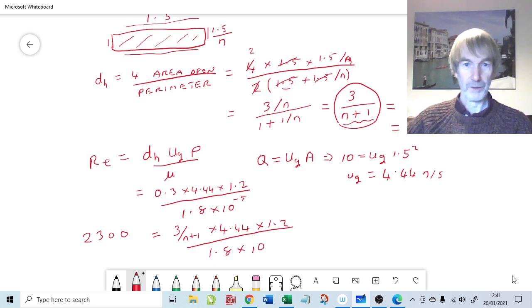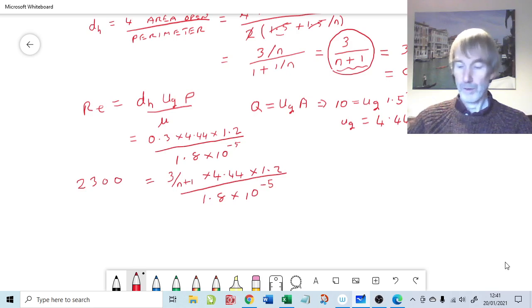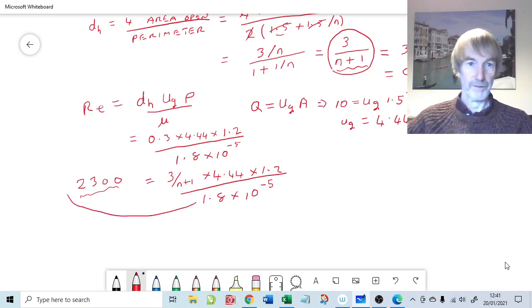So that is the equation, and that's the equation that we're rearranging to work out the number of trays to force this into laminar flow, or to force it into a flow where we've got 2,300.